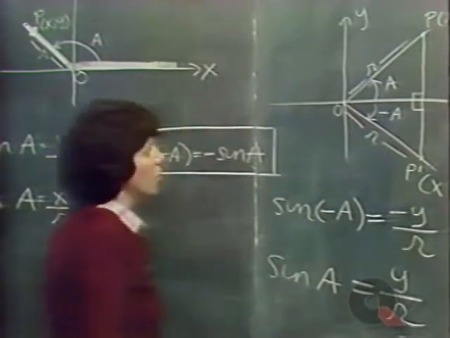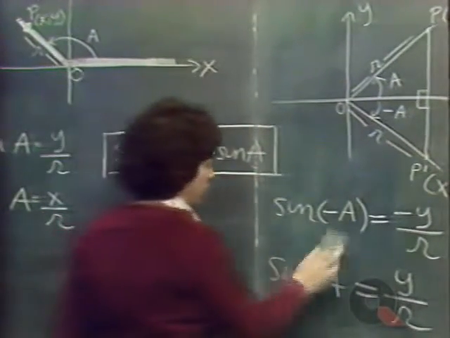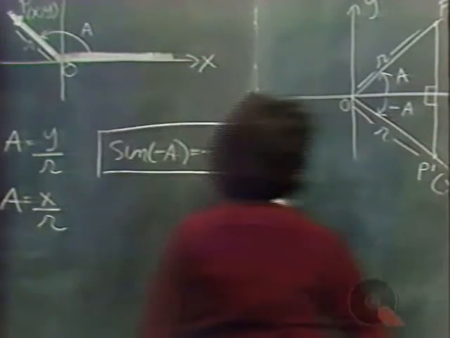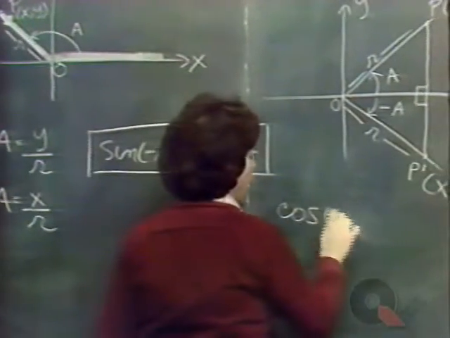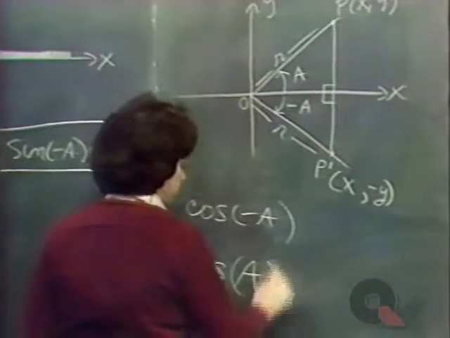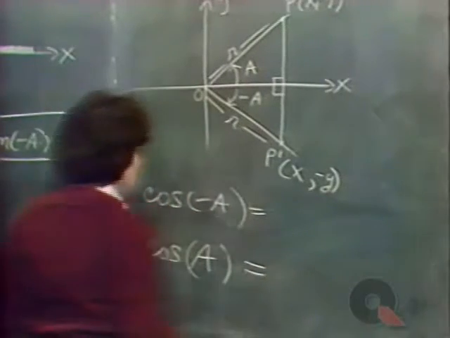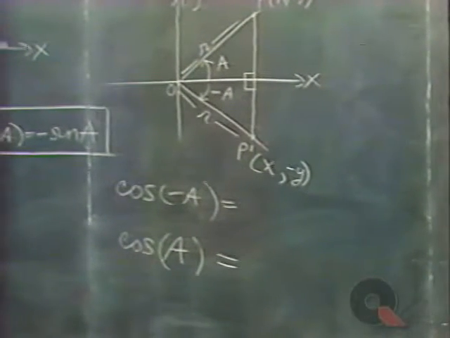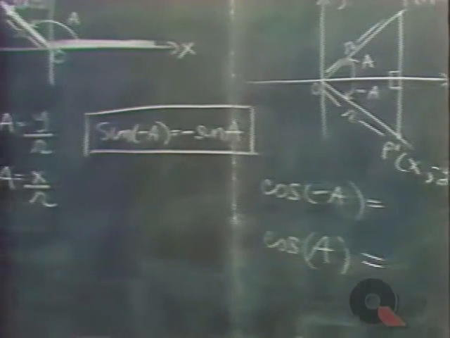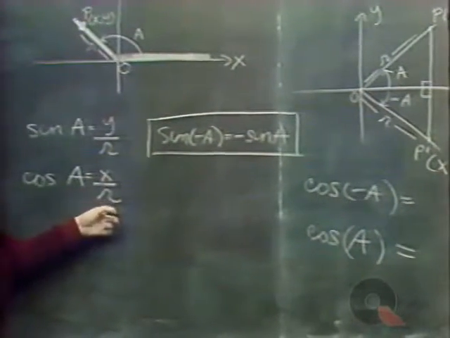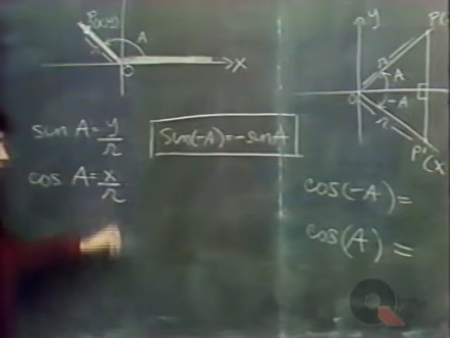Okay, let's also look at the cosine relationship, the cosine function for minus A and for A. The cosine of an angle, if we go over here to the definition, is defined to be the x-coordinate of the point on the terminal side divided by the distance of that point from the origin.